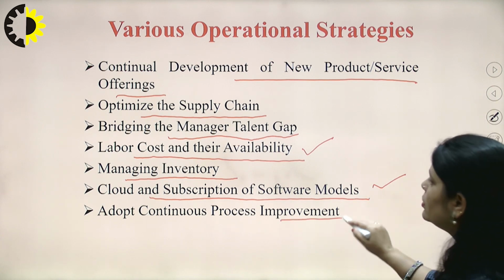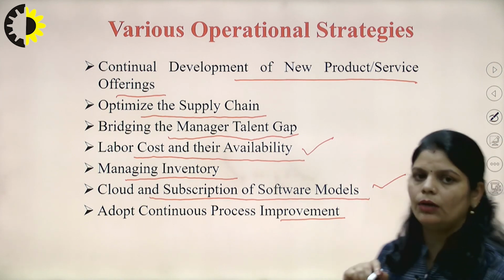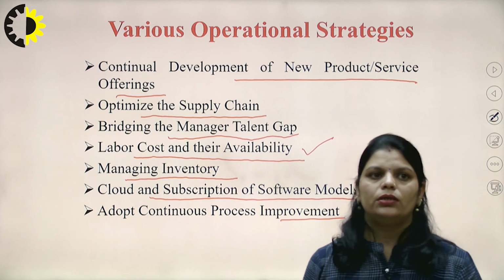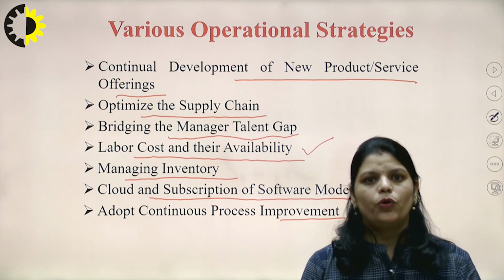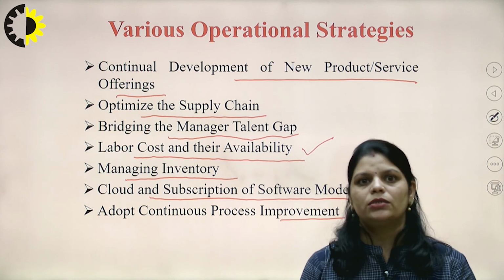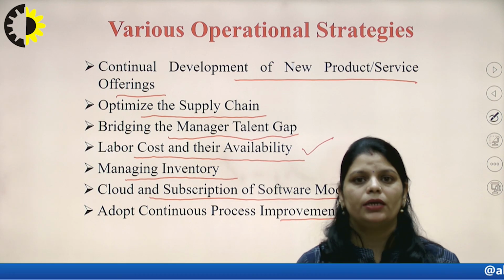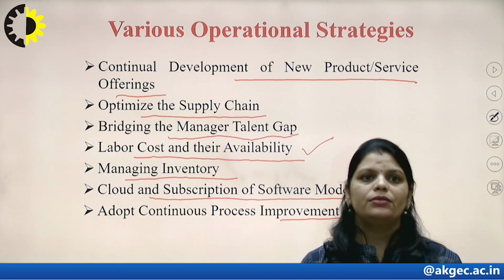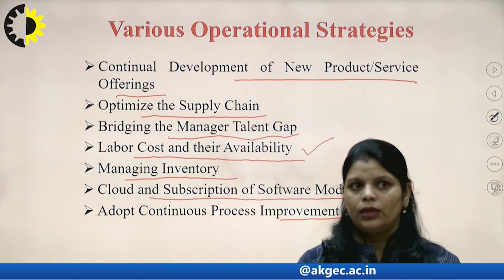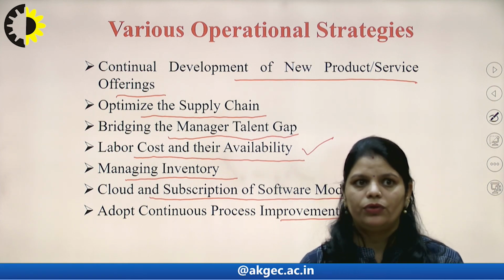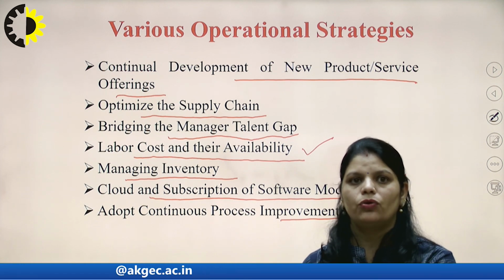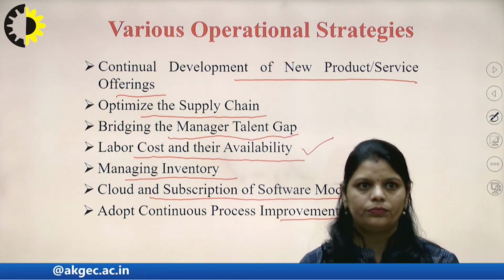Then we have the adopt continuous process improvement. So, in this strategy, basically the trend is for more than 10 years, getting the more productivity and the cost savings has been the mantra of the multi-channel industries. And many companies are running so lean, they cannot adopt the good ideas they are presented with. Like butterflies, we flit from one good idea or concept to another.